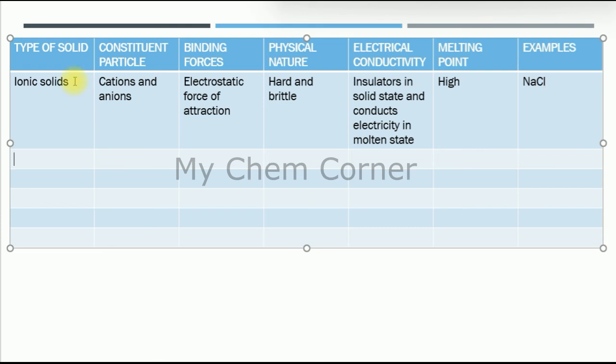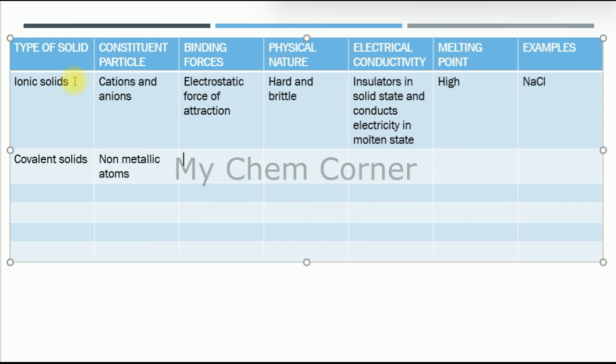Now the next one here is for type of solids. We have covalent solids. In this case, the constituent particles were non-metallic atoms. The binding force in this was covalent bonding.